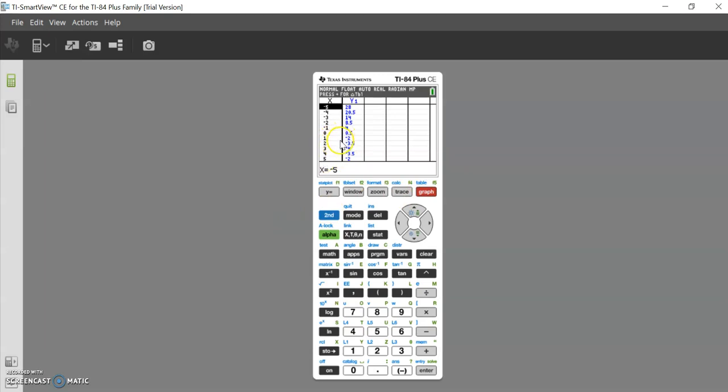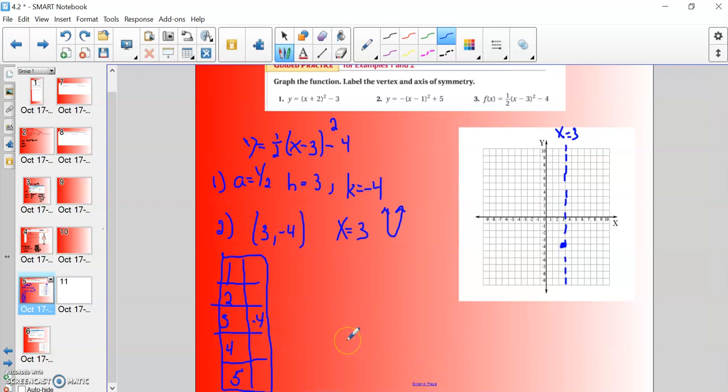So we want negative 2, negative 3.5, negative 4, negative 3.5, negative 2. So we start with 1, negative 2, 2, negative 3.5, 3, negative 4, 4, negative 3.5, and 5, negative 2.